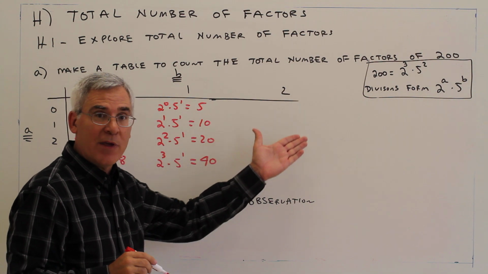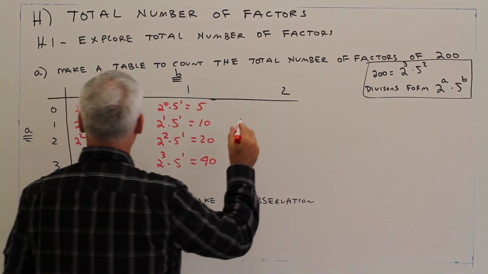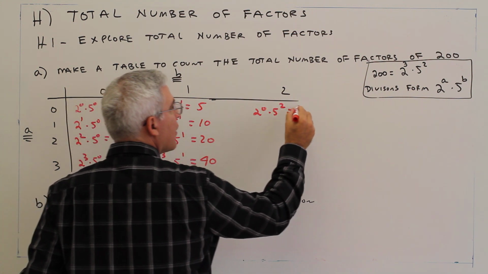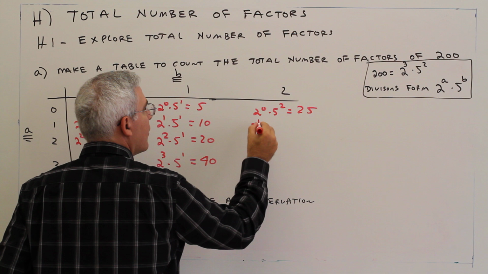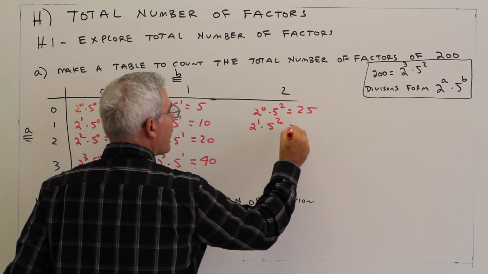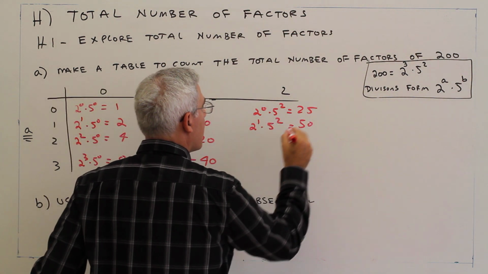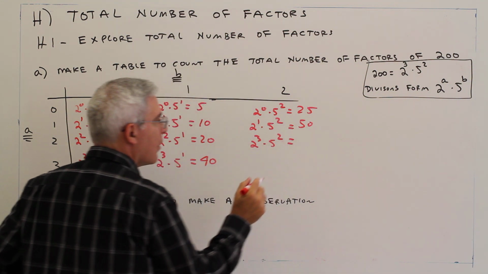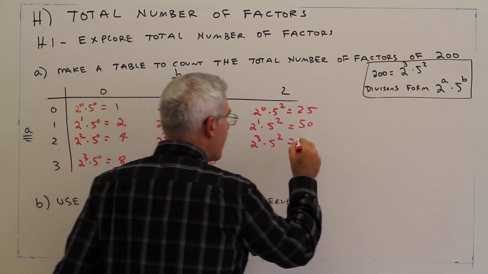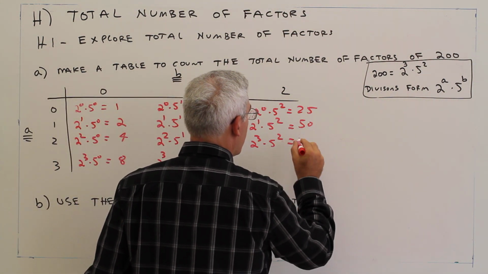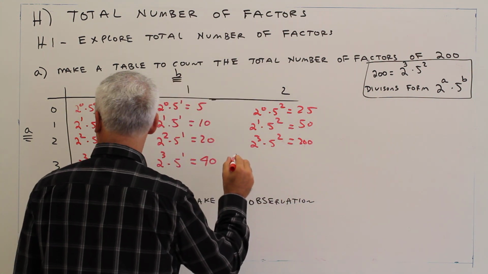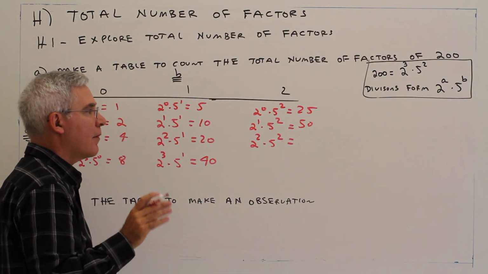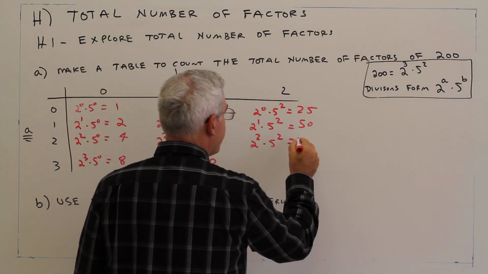Now let's let the b value be 2 and complete the table. 2 to the 0th times 5 squared, 25. 2 to the 1st times 5 squared, 50. 2 squared times 5 squared, that's 100.